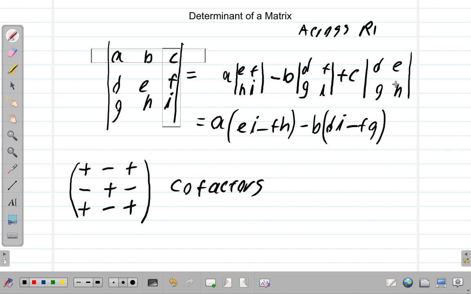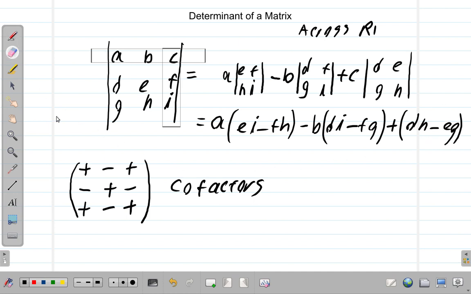Then c is now in the position of the plus, so plus c times dh minus eg.